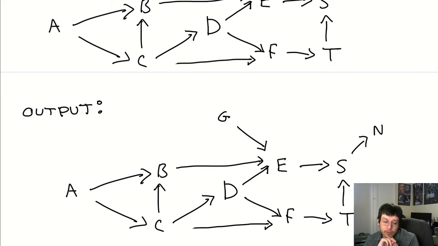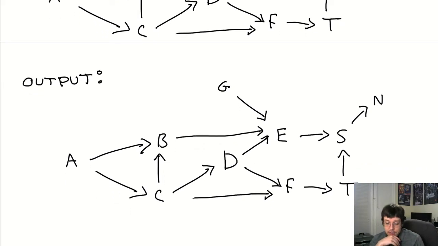In this case, I could list out A, I could list out G, and I think that's it, because all the other vertices in this graph have an edge coming into them. B has an edge, C has an edge, D, F, E, S, T, and N, right? They all have edges coming into them, but G and A do not. So I'm going to pick one of them. In this case, I'm just going to go alphabetical and pick A.